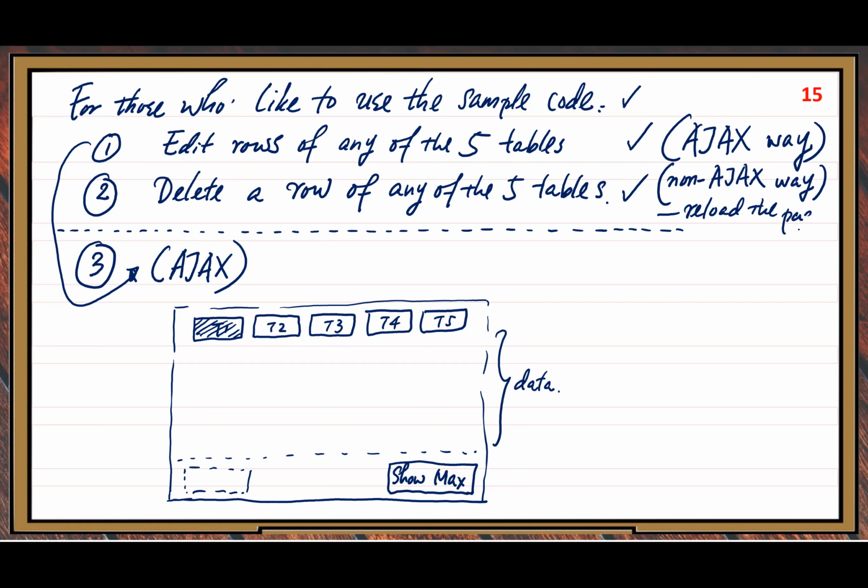Here you may ask, why do we not use the Ajax way as in feature 1? There is a situation here, and that's the reason I want to do this comparison. It lets you feel that sometimes the Ajax way may not be good, because it may require some extra complexity.